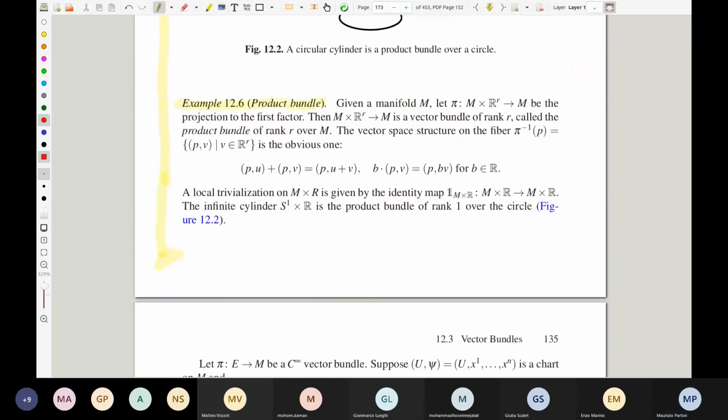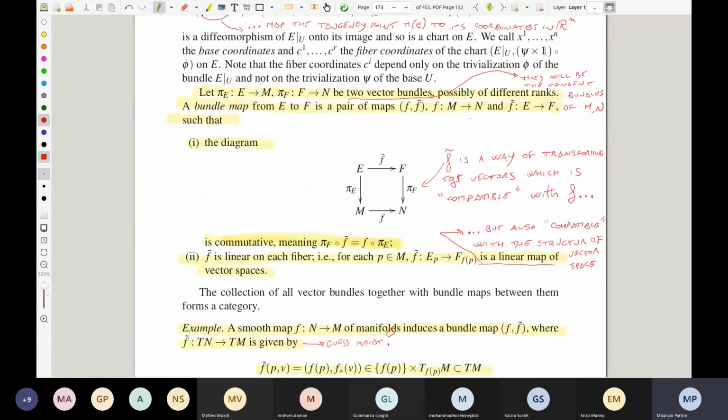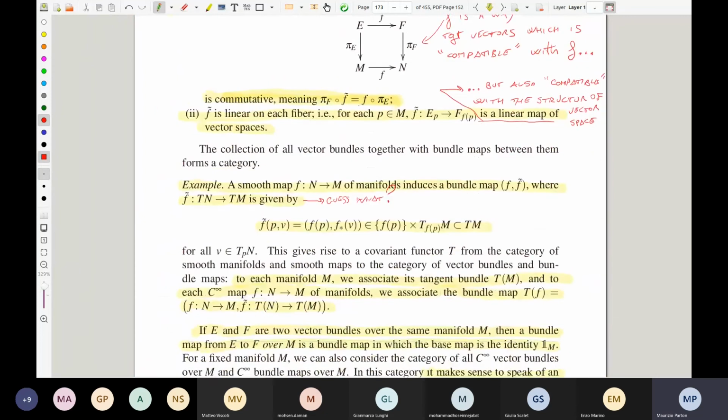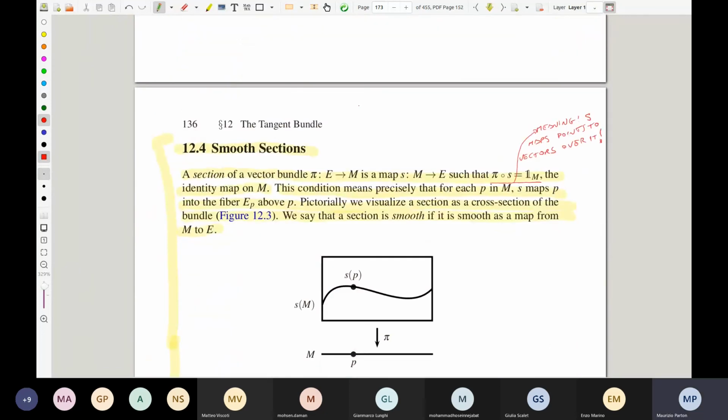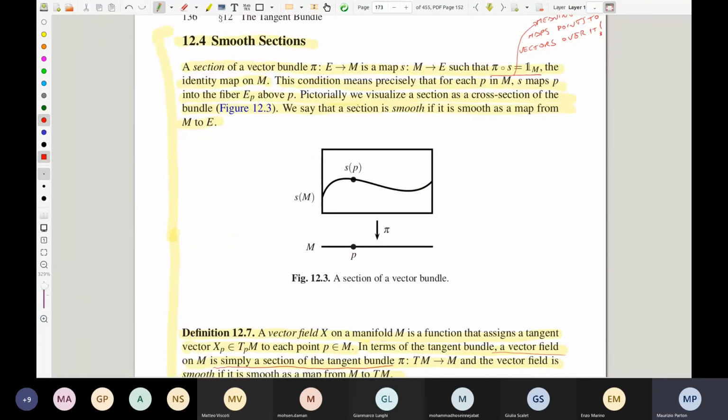Okay. Let me check if there is something more. Of course, there is a lot here to say, but okay. Oh, no, the point was in defining the vector.